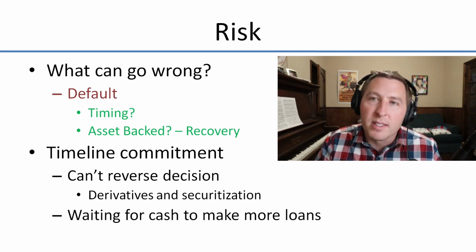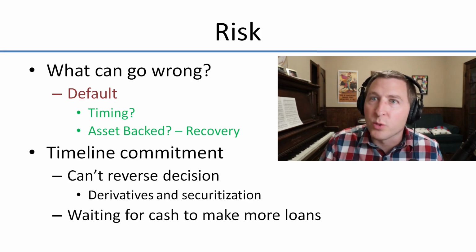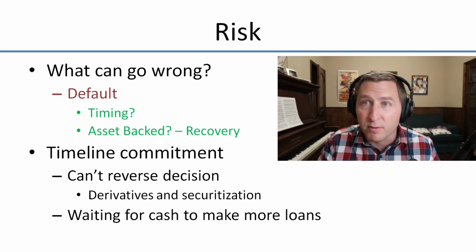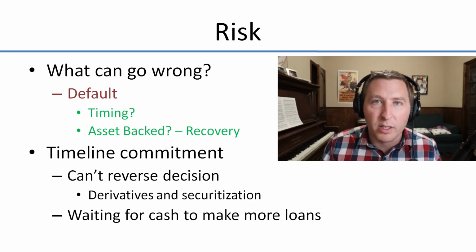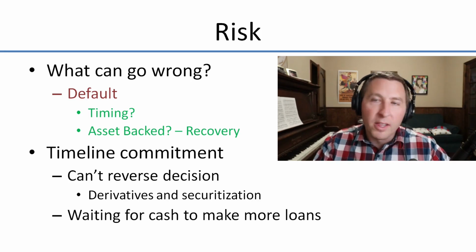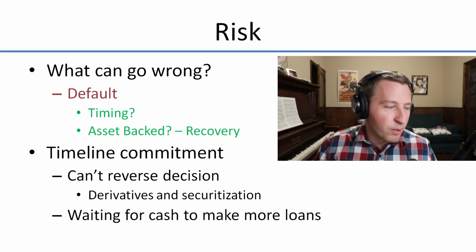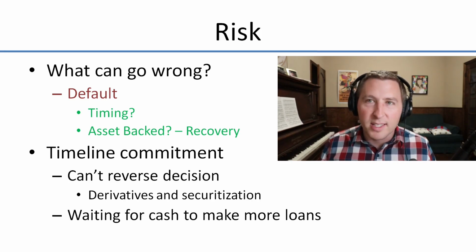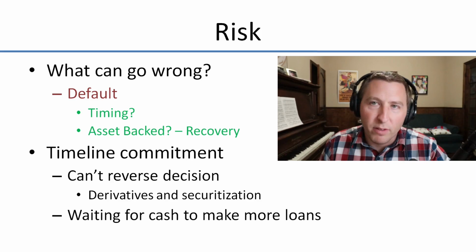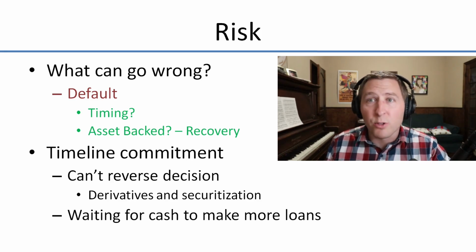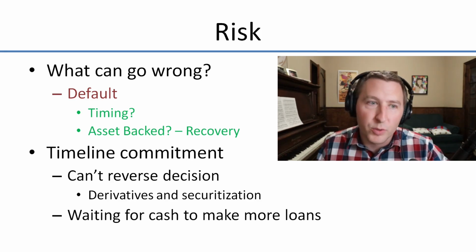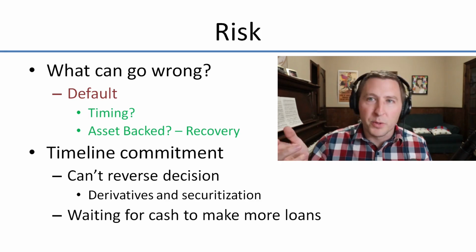Once you make these decisions, and you think about mortgages, for example, a 20 or 30-year mortgage, you're locked in for 20 to 30 years, whatever the terms are on that loan. Now, there are ways to get out of these. Banks are smart, but they're not easy to exit. One, you can buy derivatives to help hedge risk. Again, those are expensive, you lose the cost of the derivative, so you start weighing the pros and cons.